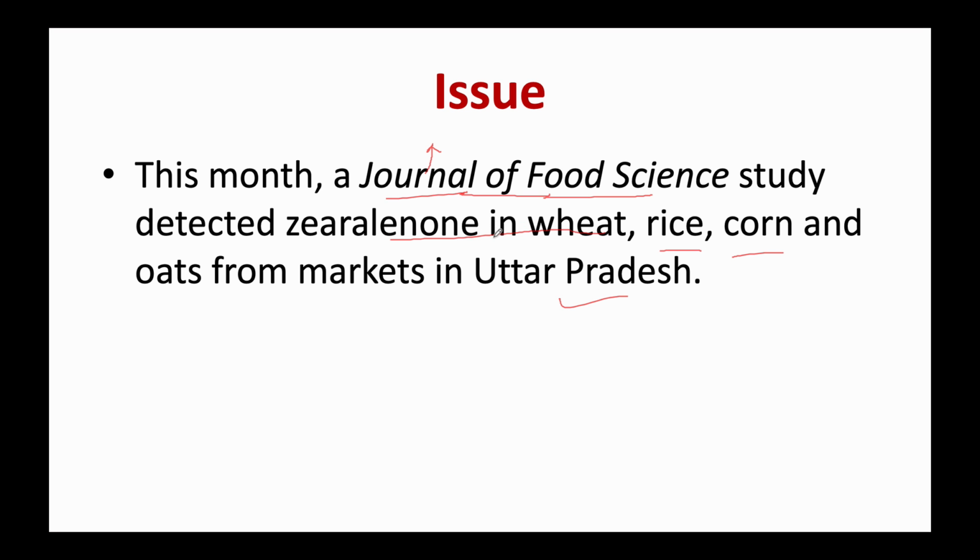Now the study by researchers from Lucknow, Indian Institute of Toxicology Research, that is IITR, found Zearalenone in around 70 samples when they tested around 117 samples. So out of 117 samples, in 70 samples this Zearalenone was found.